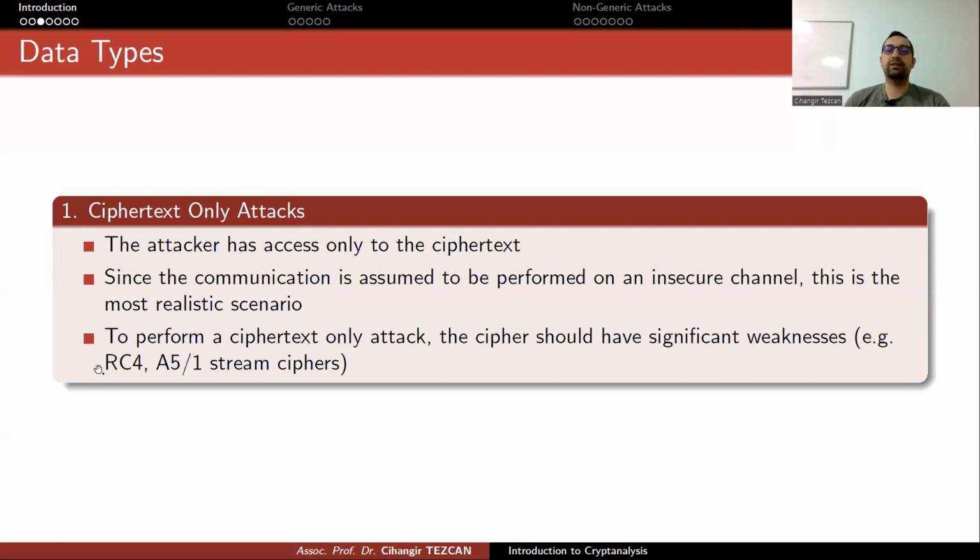For example, RC4, where there are many statistical weaknesses, and also the A5/1 stream cipher, which has a short secret key and which we can use to listen to 2G GSM communications in real time. You can really decrypt this, and you can create tables using time memory trade-offs. I will explain it in detail in the future.